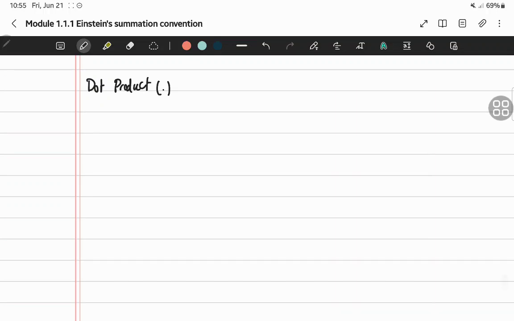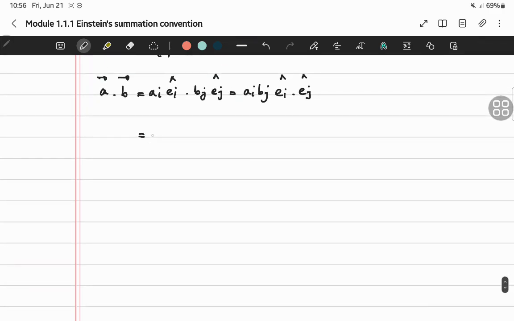Now what we have is two vectors, A dot B. Let me write it here: A dot B equals A_i e_i, a magnitude and a unit vector, dot B_j e_j, which equals, bringing the magnitudes next to each other, A_i B_j e_i dot e_j.